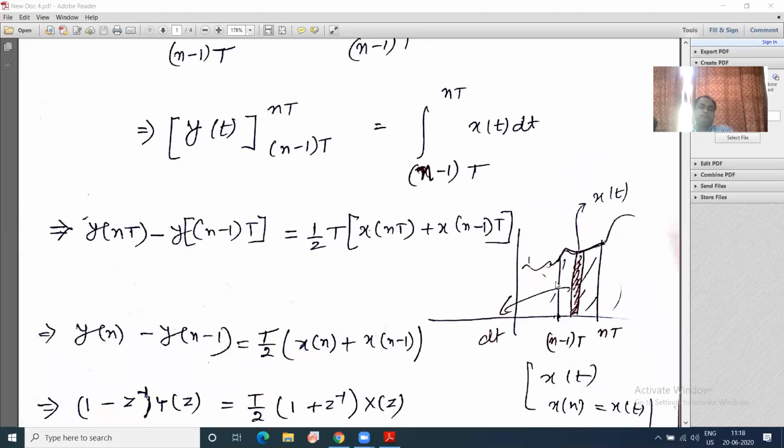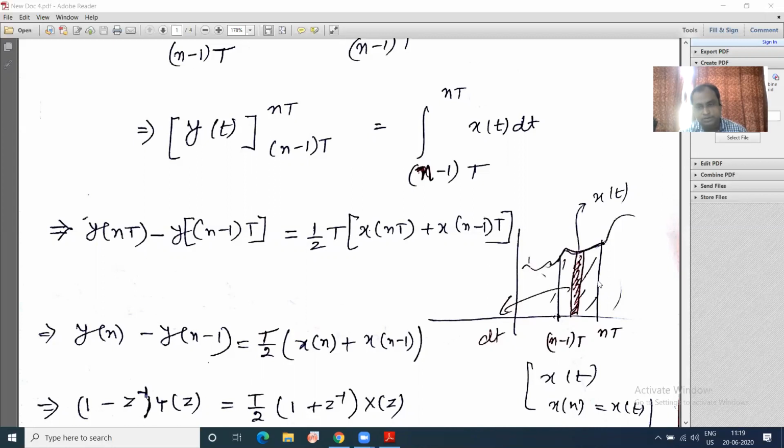See, what is the area of this strip? This strip is x(t) dt. This is x(t) and this width is dt. So what is the area of this strip? x(t) dt. Is it okay? If this is okay, then this integration, if I am integrating over the limit (n-1)T up to nT, that means I am computing the area under this curve.